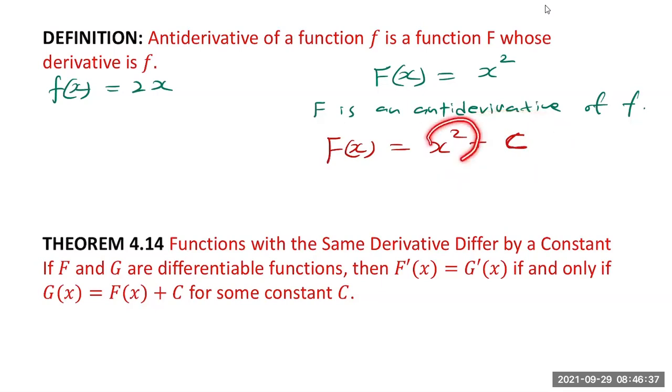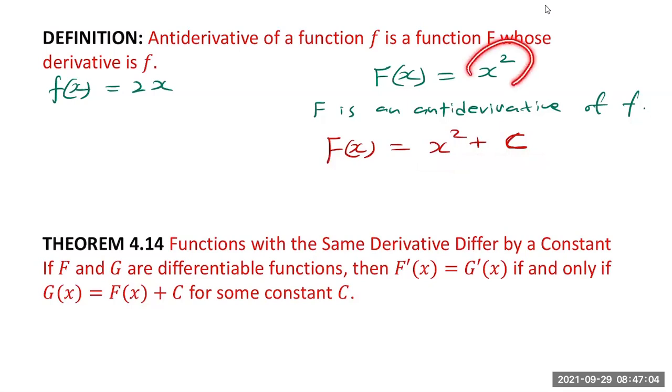Yes, because the derivative of x squared is 2x, and the derivative of the constant is 0. So the derivative of this whole thing is 2x. That means this is also an antiderivative for any constant c. As you can see, here you have a family of functions because this c is an arbitrary constant. You can set this constant to be anything. So you get a family of antiderivatives.